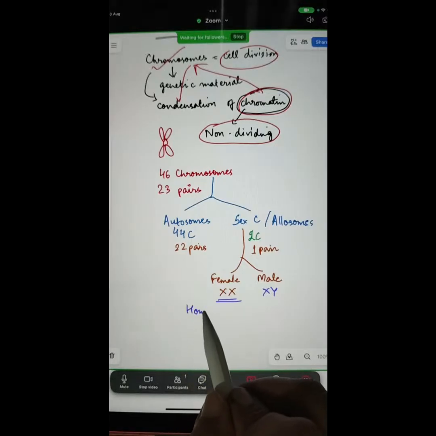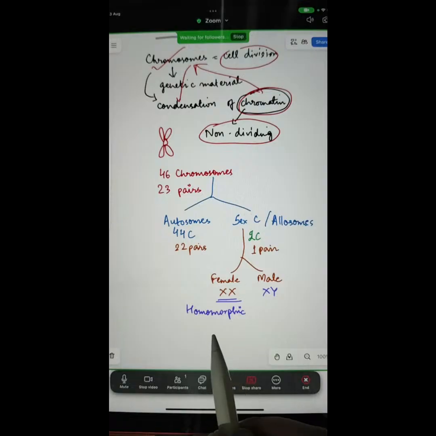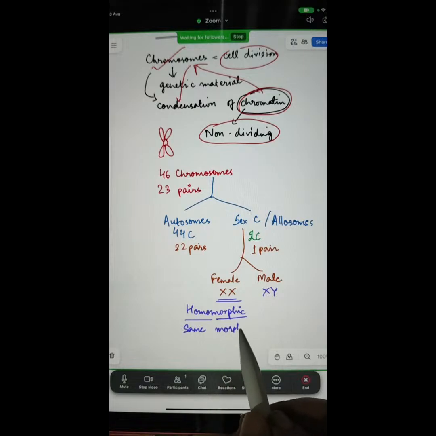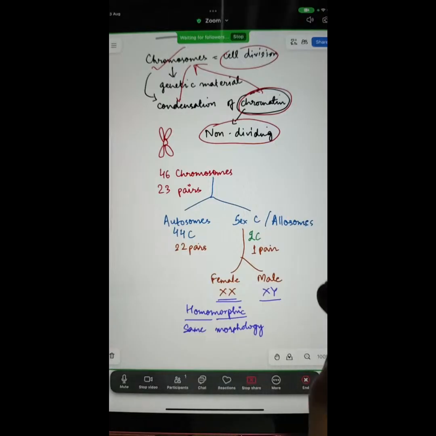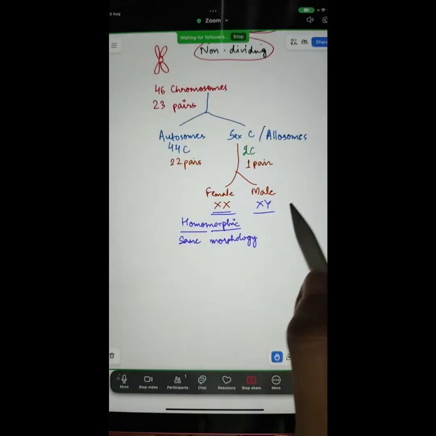Remember, both the sex chromosomes are similar in female. That is why we can also use the word homomorphic for the human females in context to the sex chromosome. Homo means same. Morphic means morphology or the general look. But if you look at the sex chromosomes in the case of male, they are dissimilar.